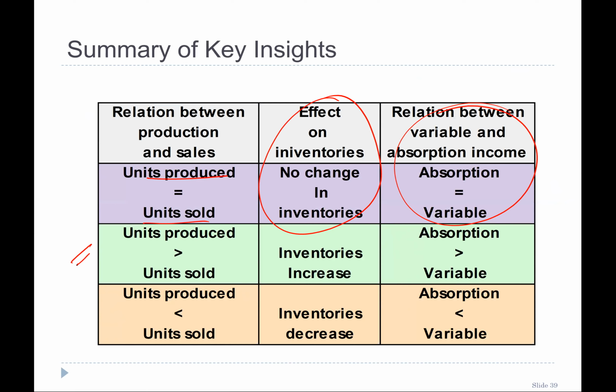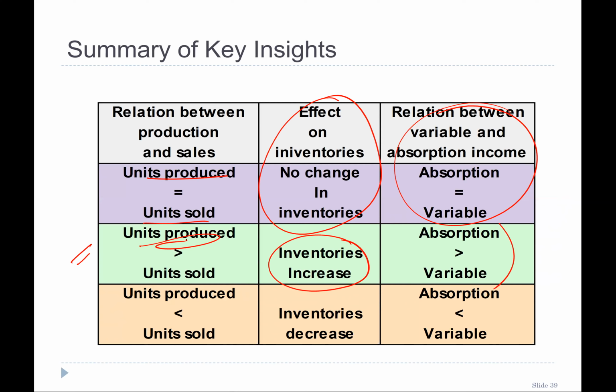When units produced are greater than units sold, meaning we sold less and we produced more, in that case, absorption costing profit will be higher than variable costing profit. And our inventories increase. Why? Because we sold less and we produced higher.